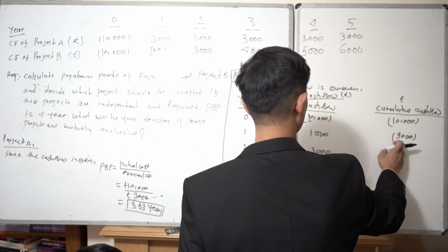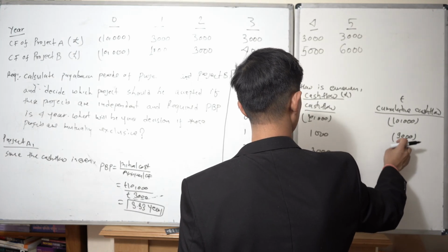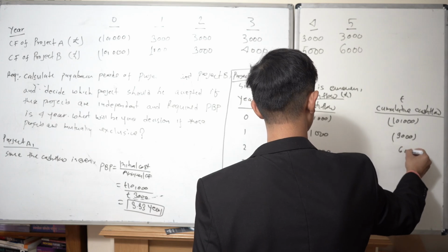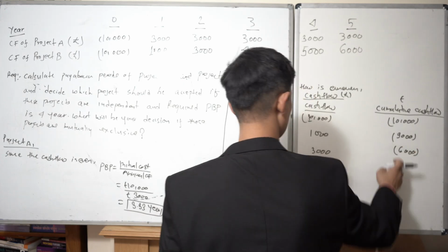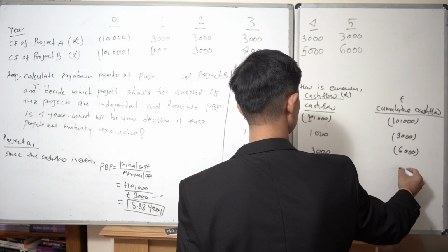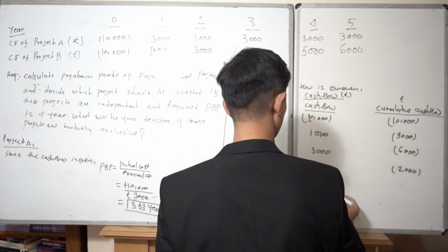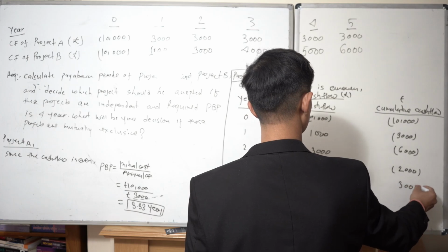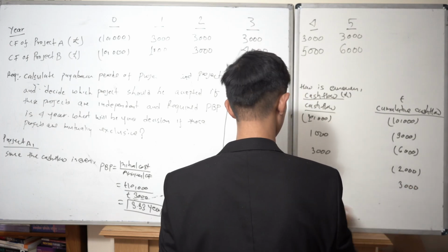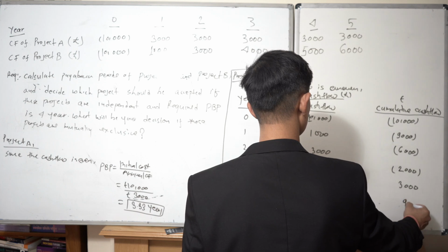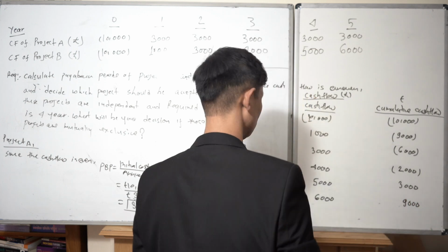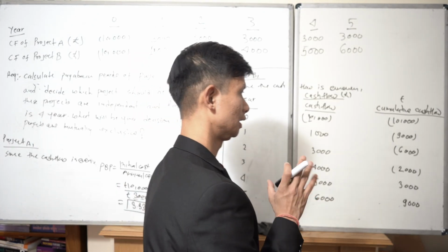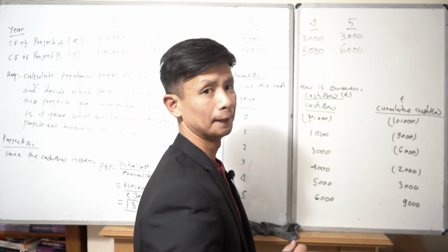So let's make a cumulative cash flow here. Minus 9,000 and 3,000 is minus 6,000. Minus 6,000 and 4,000 gives you minus 2,000. Minus 2,000 and plus 5,000 gives you 3,000. Then in year 5 we get 6,000 plus 3,000, which is 9,000. So we need to find out at what year the cumulative cash flow becomes positive.